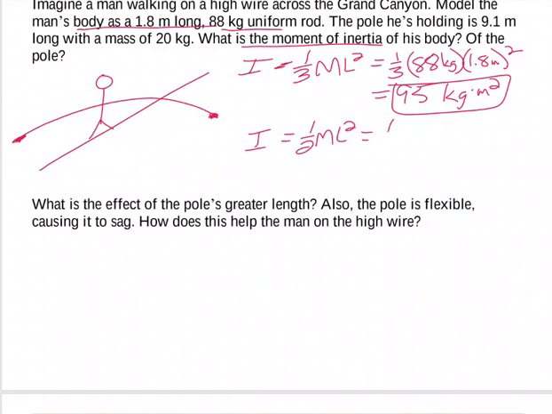So we have 1/12. The mass of that rod is 20 kilograms times the length is, thank you, 9.1 meters. And that's squared. What do we get?